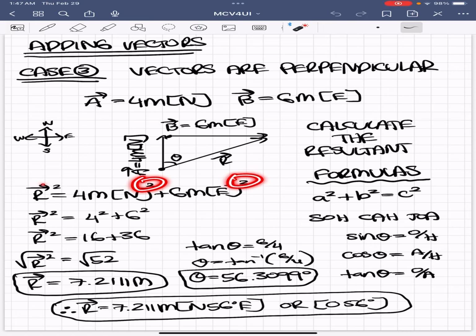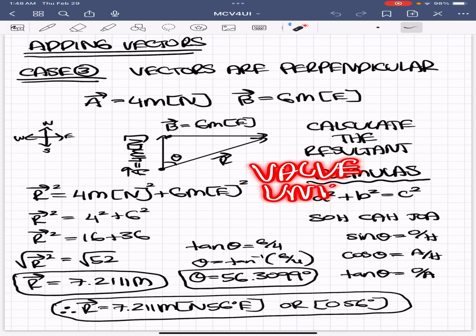If you just want to write over this C squared equals A squared plus B squared first, that's cool. And then you can do this mathematical equation in which you input each vector and the value, the units, and the direction.